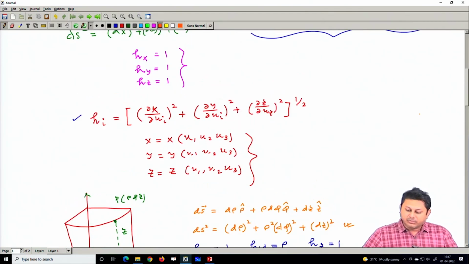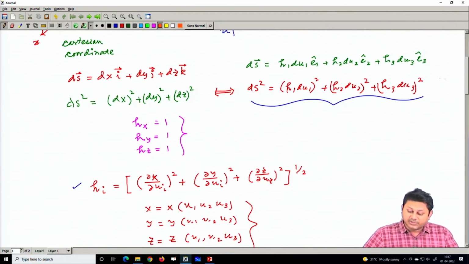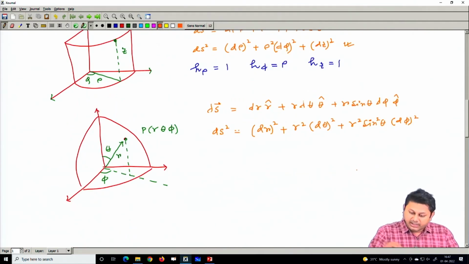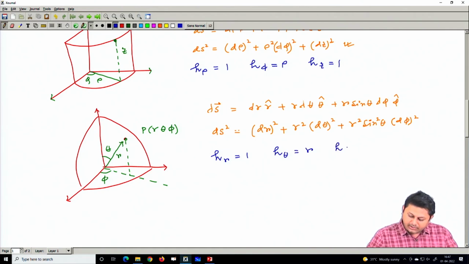Now, if I compare with this generalized expression for the curvilinear coordinate system, ds square, I find that h r is equal to 1, h theta is equal to r and h phi is equal to r sin theta.